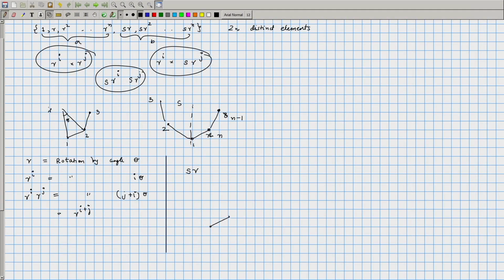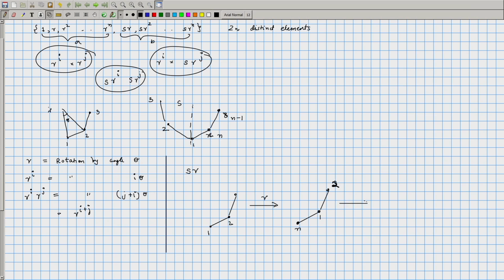We had a rotation. 1, 2 and 3, if we do a rotation, when we say SR, it means first apply R and then apply S. That will take 1 to 2 and 2 to the position of 3, and whatever was at n would come to the first position.